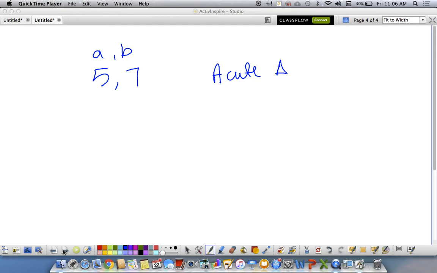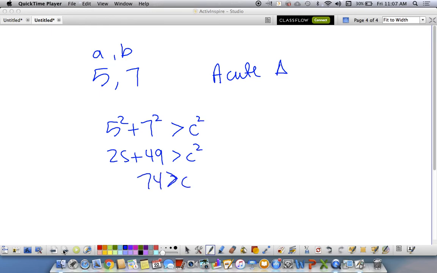So I'm going to go back to that formula that said A squared plus B squared is greater than C squared. So here I have 25 plus 49 greater than C squared. What did you get when you add that? 74? Greater than C squared.